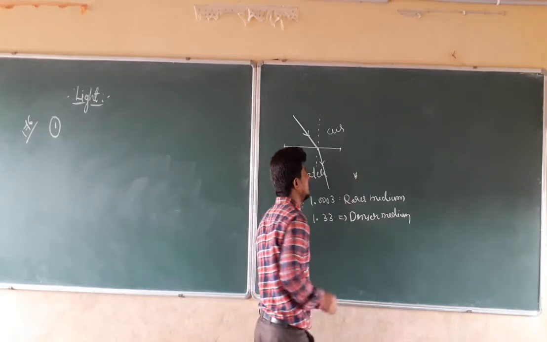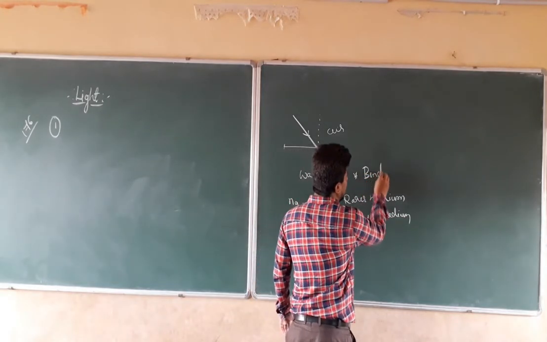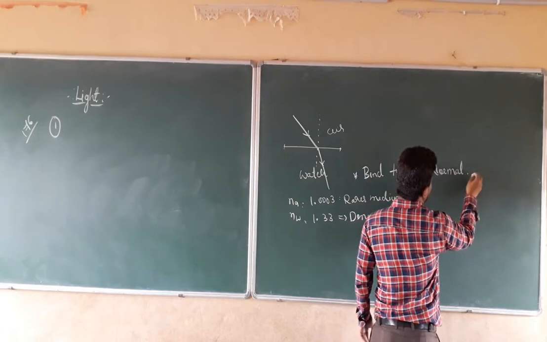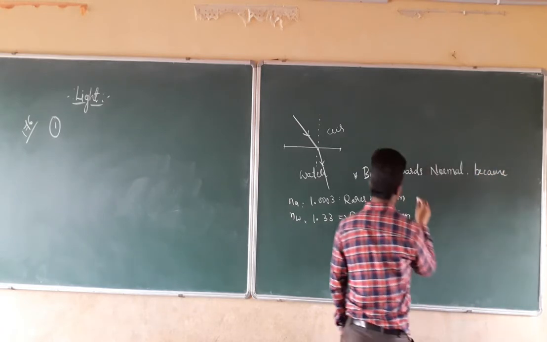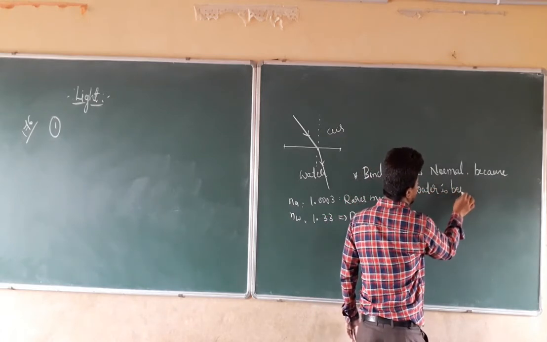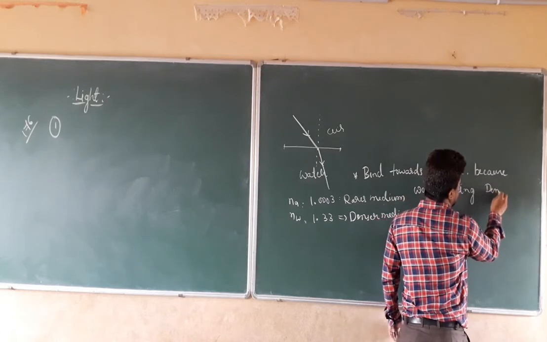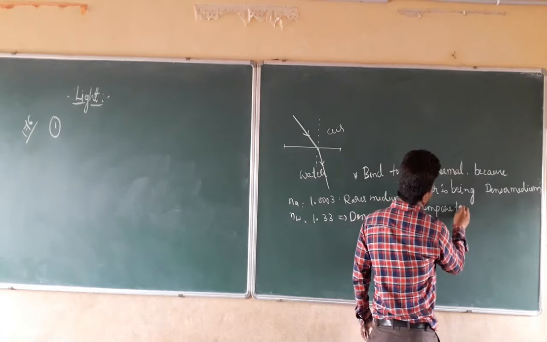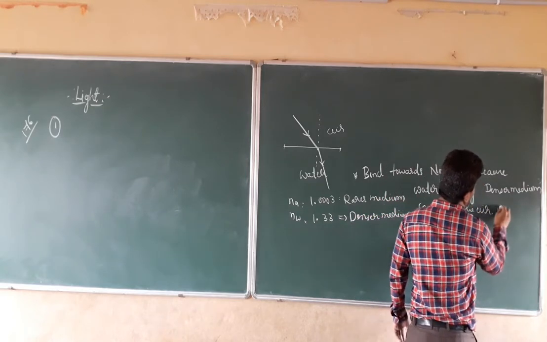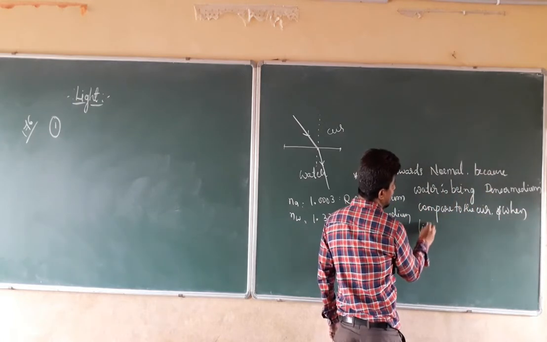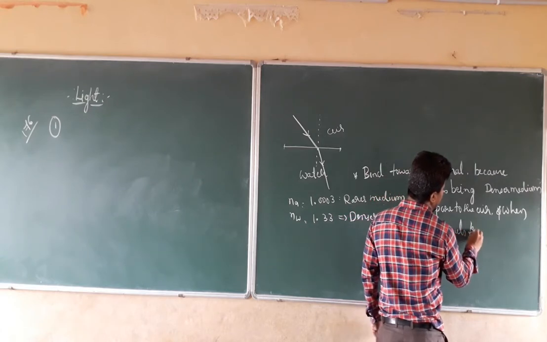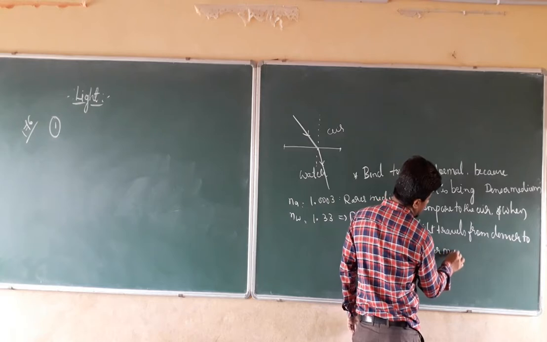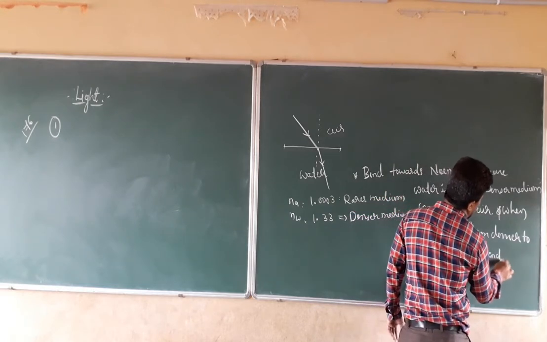So we can answer that the light ray bends towards the normal, since water is a denser medium compared to air, and when light travels from the rarer to the denser medium, it bends towards the normal.